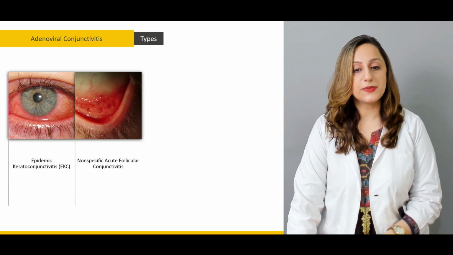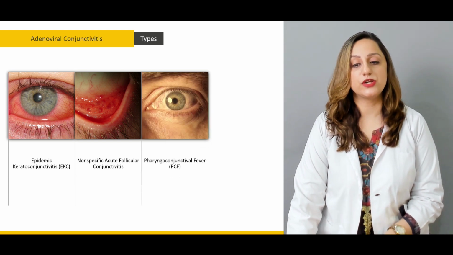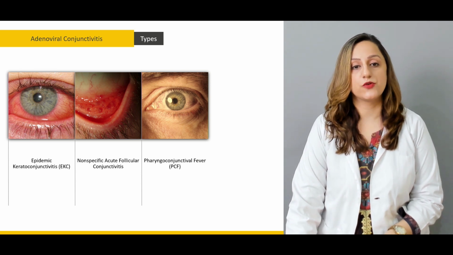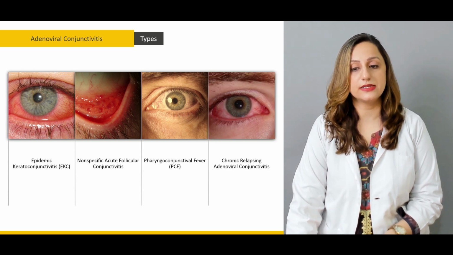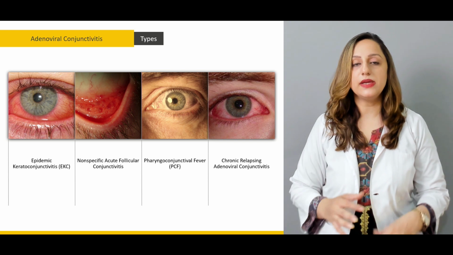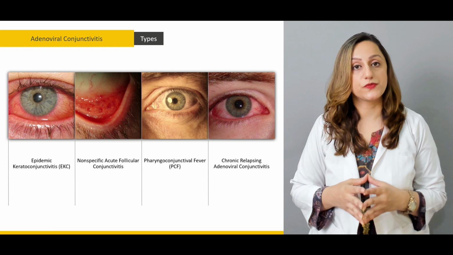Then we have non-specific acute follicular conjunctivitis. We have pharyngoconjunctival fever, which is another clinical variant. And then we have chronic relapsing adenoviral conjunctivitis, which can be a recurrent and relapsing condition in many patients.